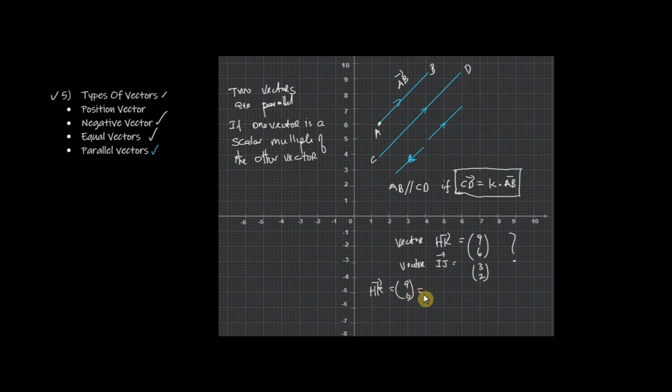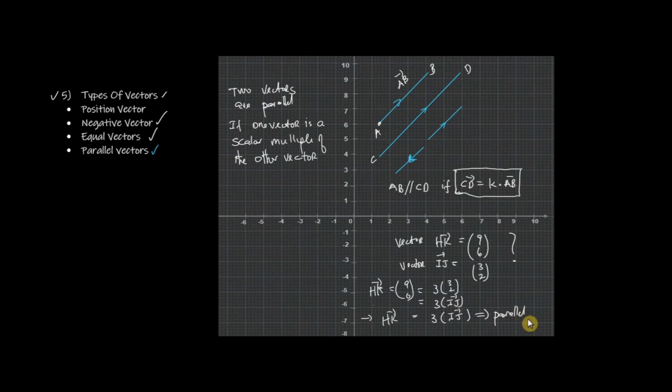I could take a factor of 3, and I would get 3 times 3, 2. But 3, 2 is equal to IJ. So I could write it as 3 times IJ. So in conclusion, since HK is a multiple of IJ, then they are parallel.